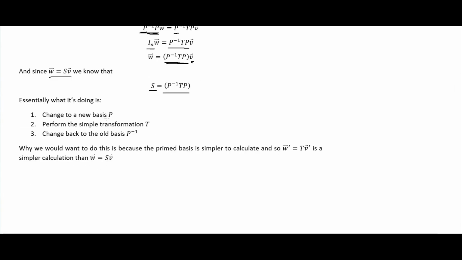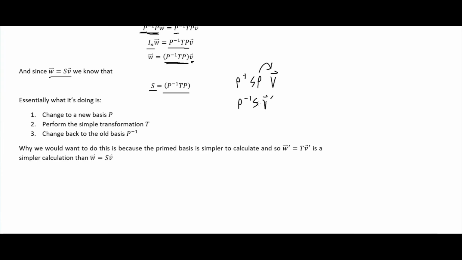Essentially, because you start from right to left with matrices, when we have our P minus 1 S P acting on our V here, we first do P, which gives us V prime.